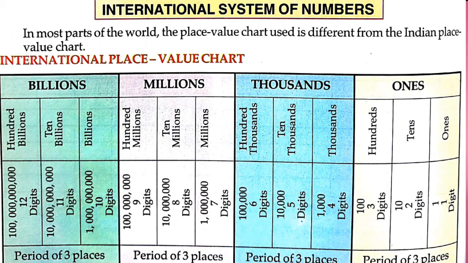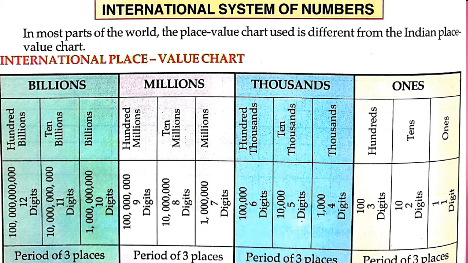In the ones period there are 3 columns: ones, tens, and hundreds. In the thousands period there are also 3 columns: thousands, 10,000s, and 100,000s.